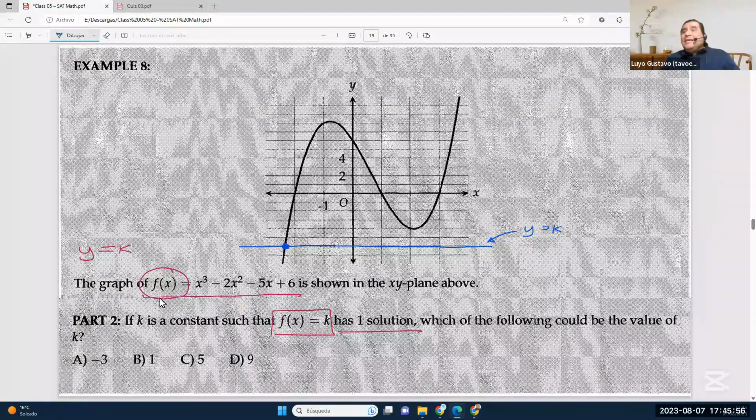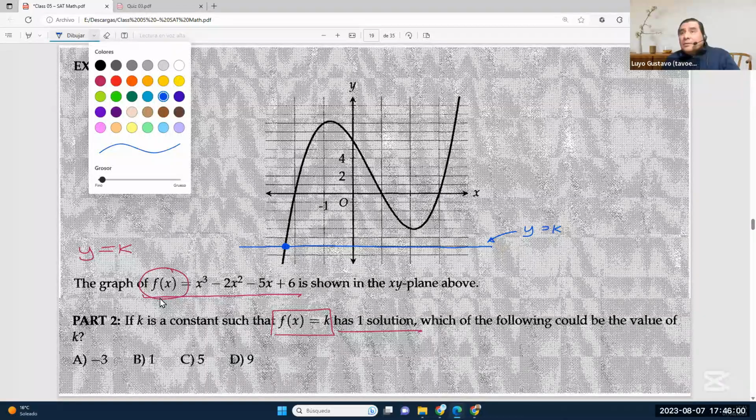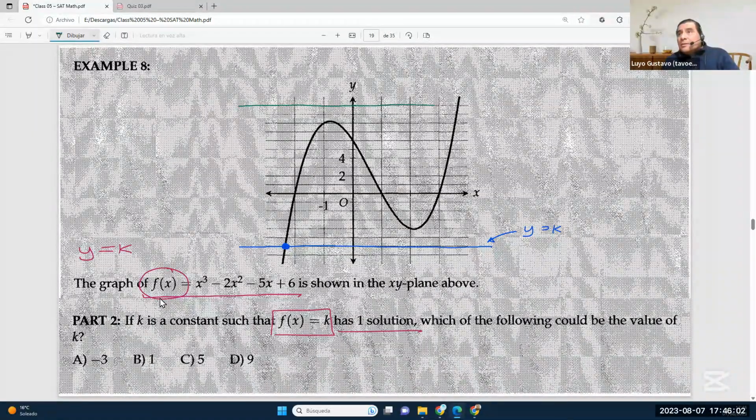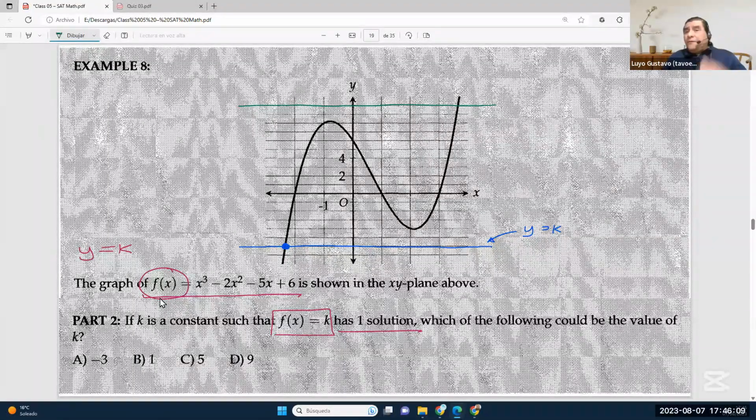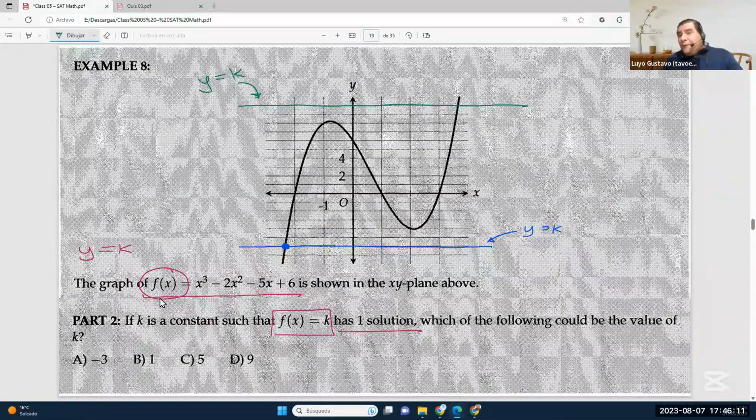Another possibility is, for example, here. This is another example of another line y equal k. When I solve the problem f of x equals k, this will also yield me just one solution, this.